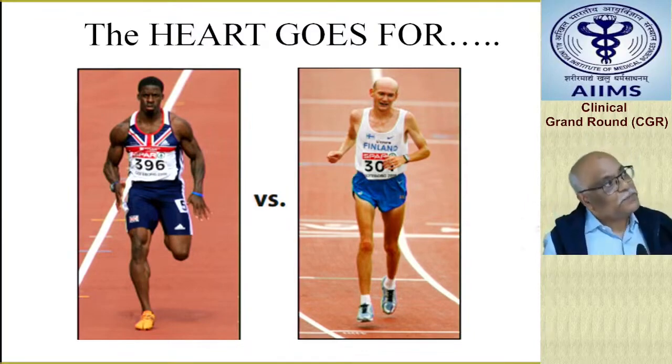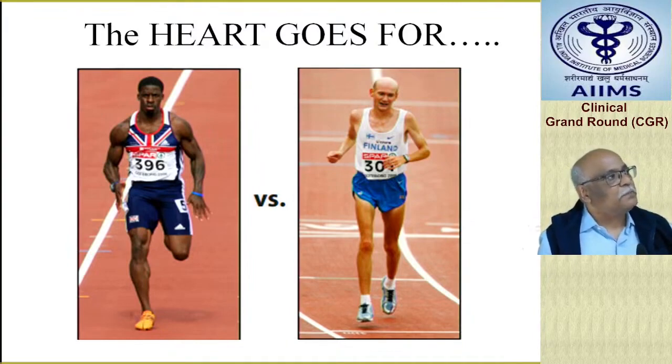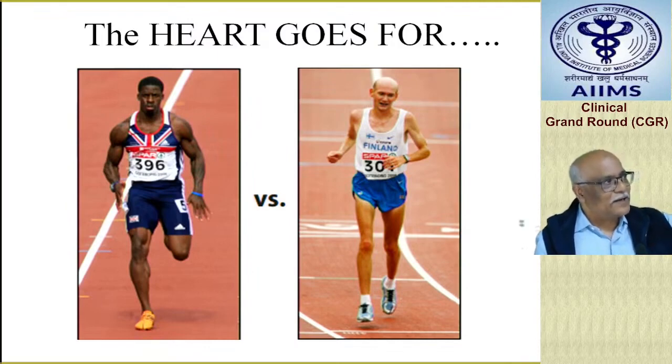Now if you see the evolution also, when the baby is born, his heart mass to body weight is 3.3%. But when he is at 18 years of age, it is only 0.45% of the body weight. From 3.3%, the ratio is coming down to 0.5%. So mass wise it is decreasing.